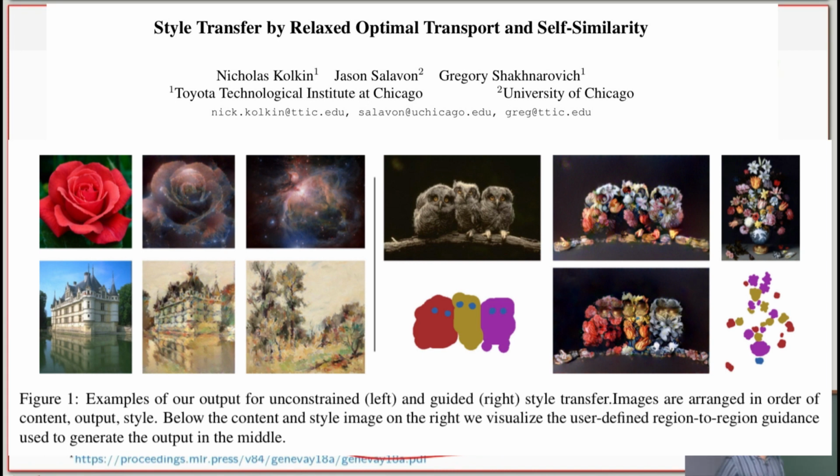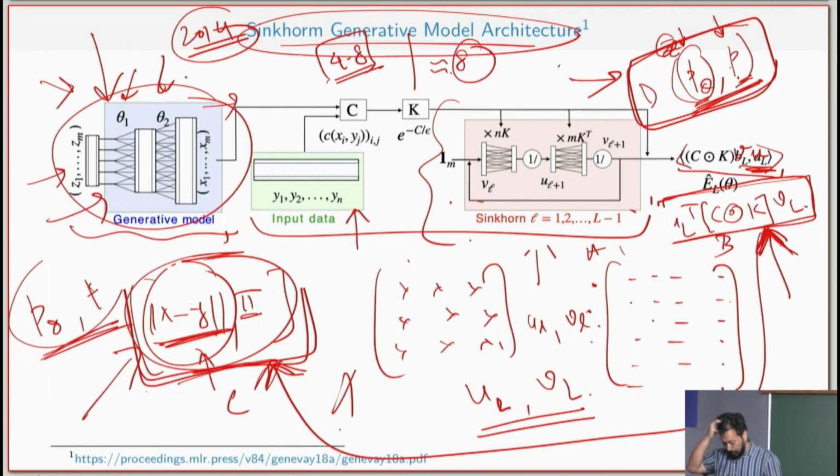The initial results on style transfer were promising, but as a pure generative model, it seems to be lagging. This was the Sinkhorn-based generative model. As such, implementation is quite easy. As you can see, it's a very simple thing. You just have one architecture, which is the generative model, and then you plug in the Sinkhorn-based algorithm, which should be there in PyTorch. So it's a pretty simple algorithm to implement.